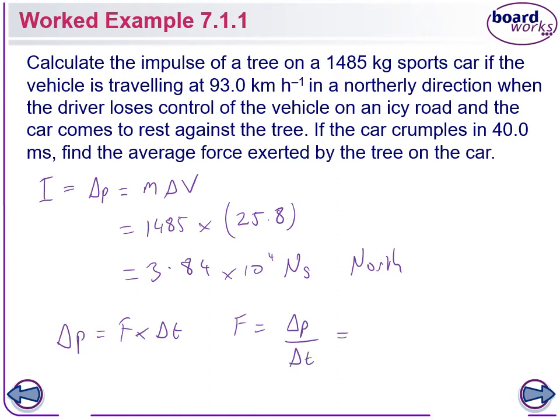Our change in momentum is 3.84 times 10 to the 4. Our change in time, it's 40 milliseconds, so it's 40 times 10 to the negative 3. So I get 9.6 times 10 to the 5 newtons.